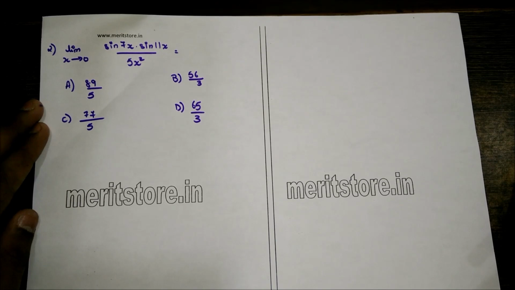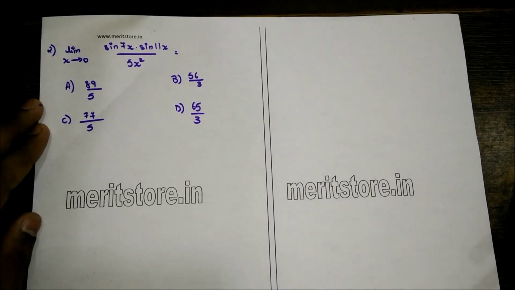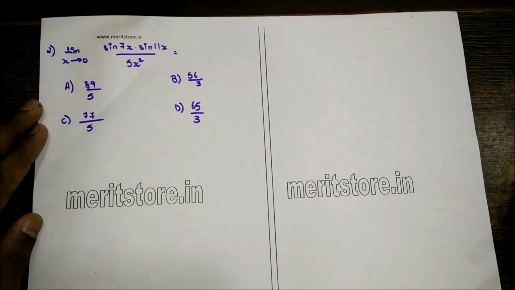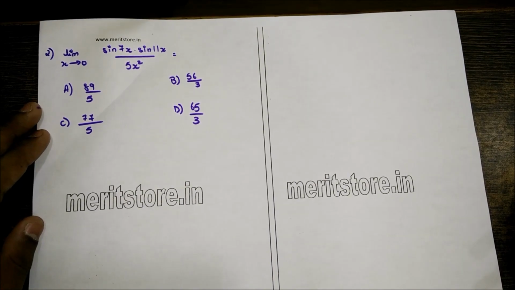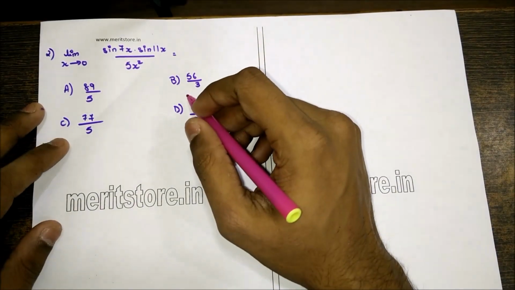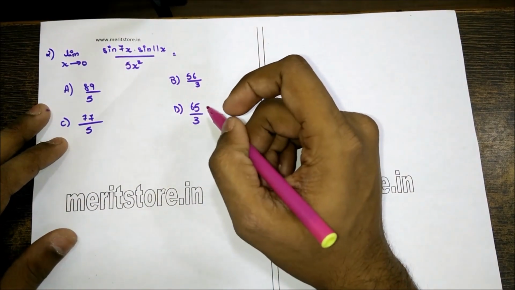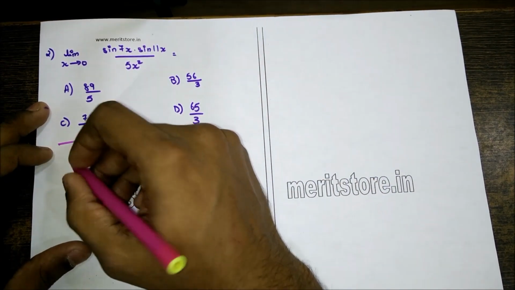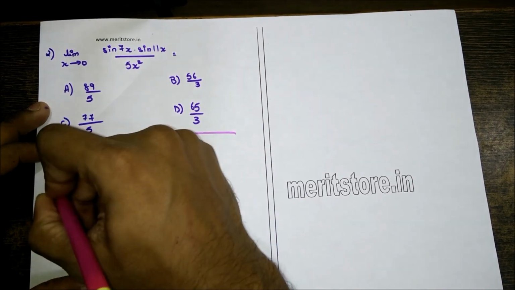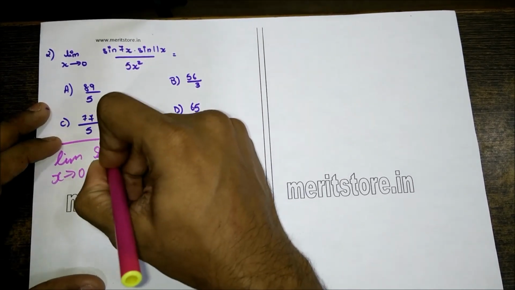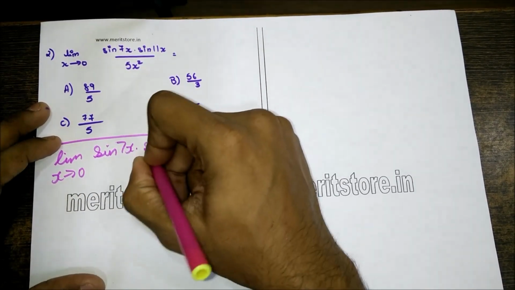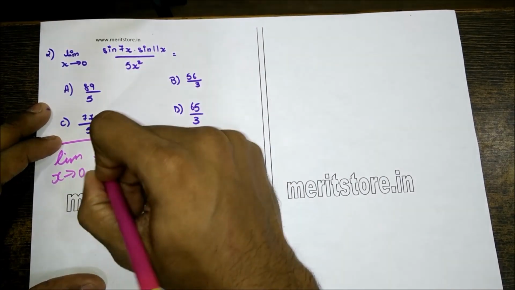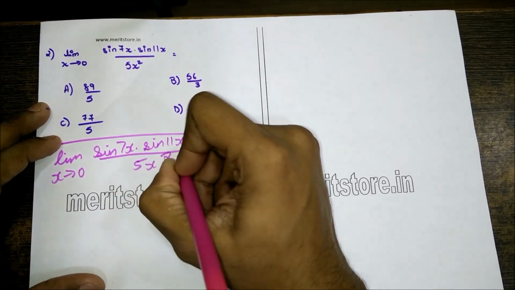Limit of x tends to 0 sin 7x into sin 11x by 5x square equals: A) 89 by 5, B) 56 by 3, C) 77 by 5 or D) 65 by 3. So first we have limit of x tends to 0 sin 7x into sin 11x upon 5x square.